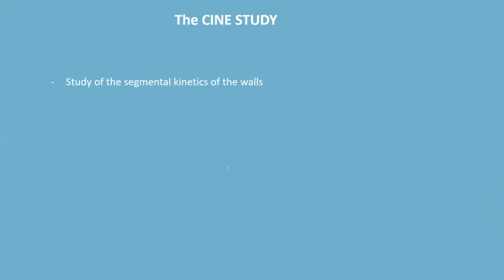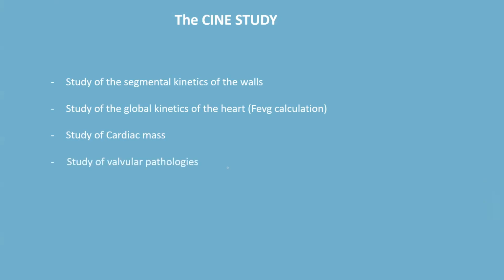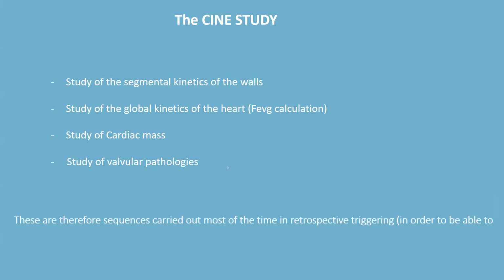The CINE study is a study of the segmental kinetics of the walls of the heart. Also, it gives us the global kinetics of the heart, like the ejection fraction calculation for the left ventricle. It also gives us the study of the cardiac mass, and the study of the valvular pathology.